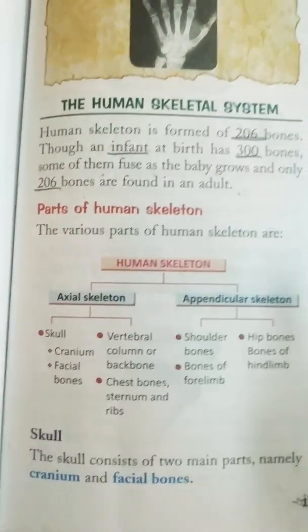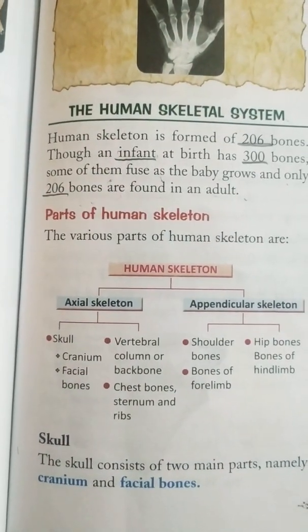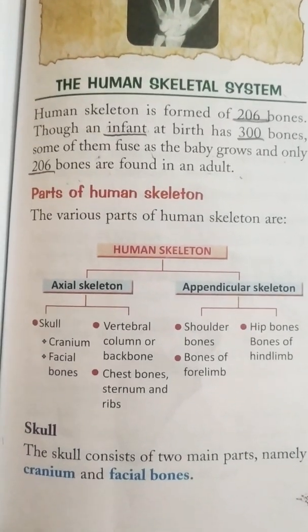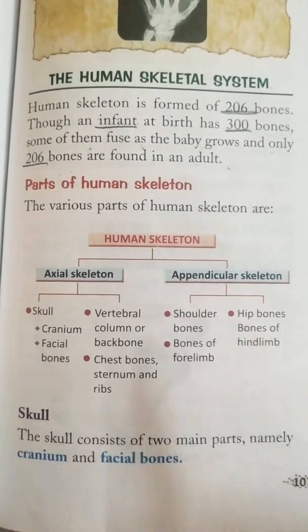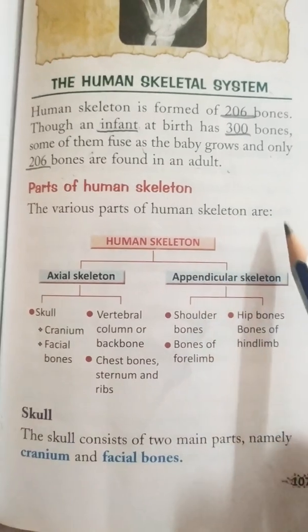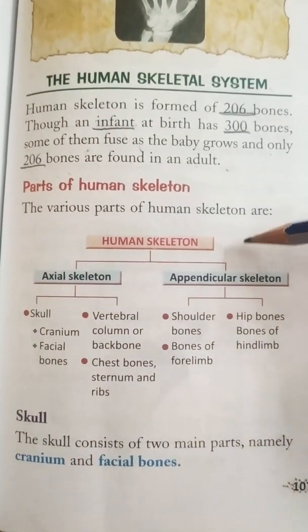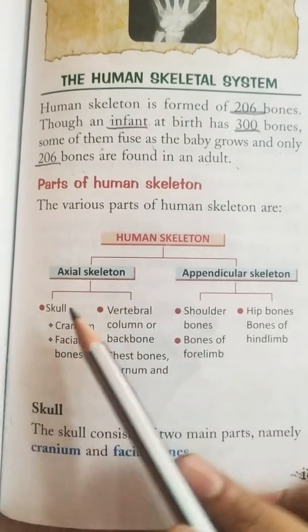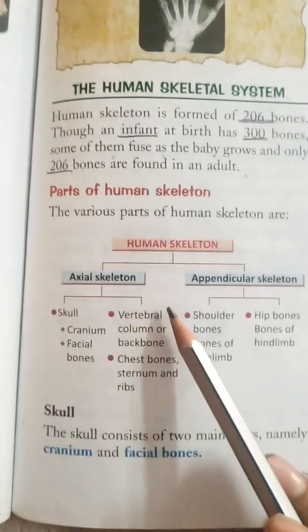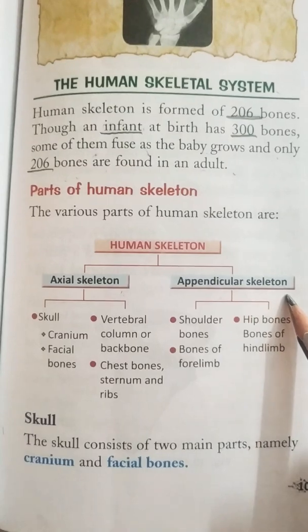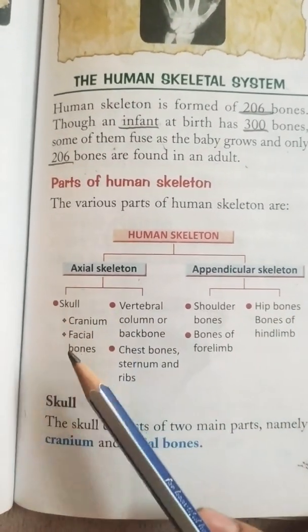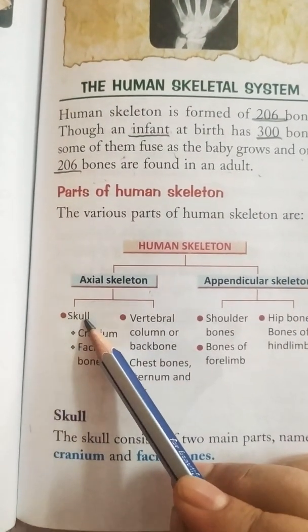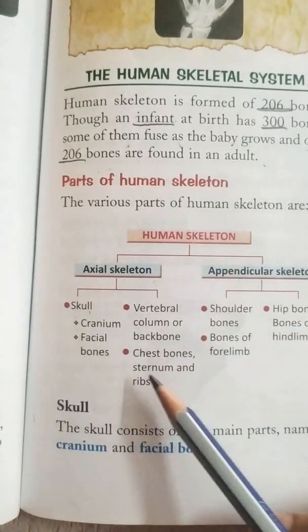Now parts of the human skeleton. The human skeletal system basically has two types: the axial skeleton and the appendicular skeleton. The axial skeleton has the skull, the vertebral column and the chest bones.